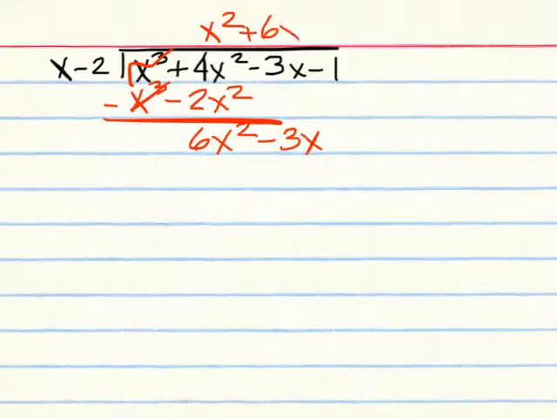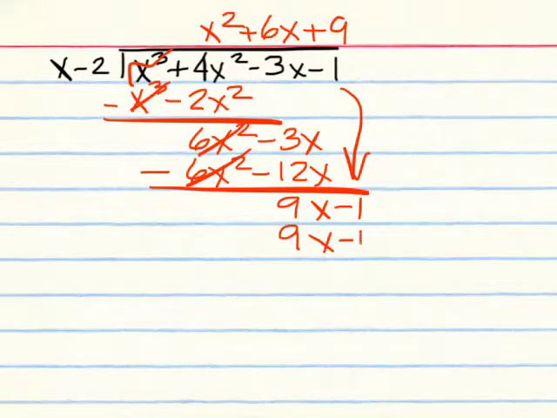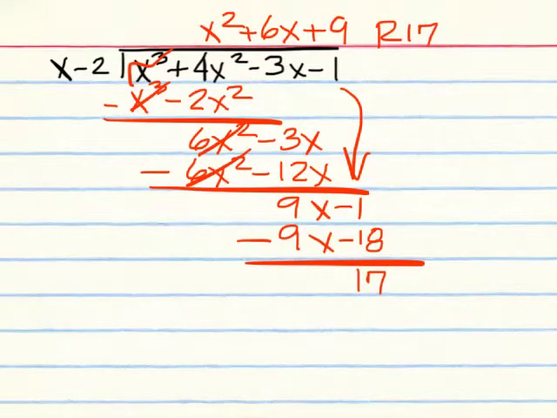You should have 6x, and multiply that by x minus 2 to get 6x squared minus 12x. When you subtract, you cancel, and you're left with 9x. Drop the minus 1. You'll have a 9 up top. 9x minus 18. Subtract. You should be left with 17.